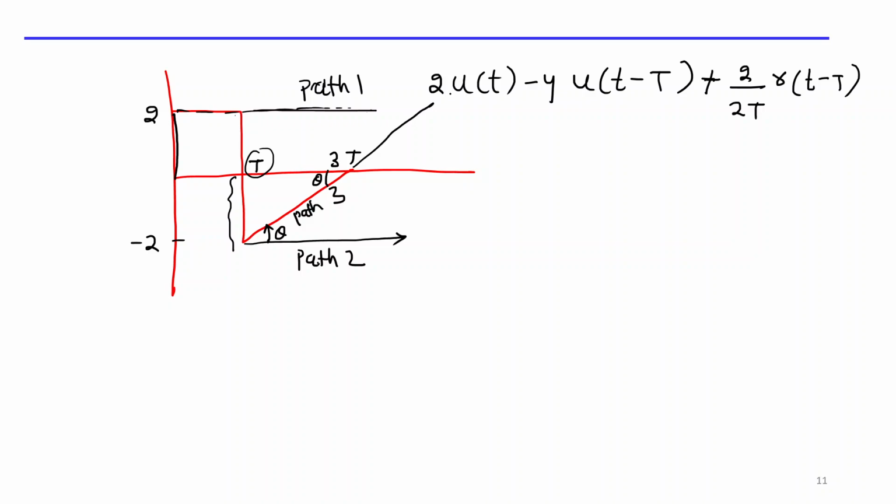Path 3 goes to infinity, because r(t) is a signal that goes to infinity. But you don't want to go in path 3, you want to go in path 4. Path 4 is this horizontal line, so you have to follow the same slope theta. So from path 3 to path 4, with the same slope 2 by 2T, you have to fall down. And at which point do you have to fall down? At the 3T point. You understand now?